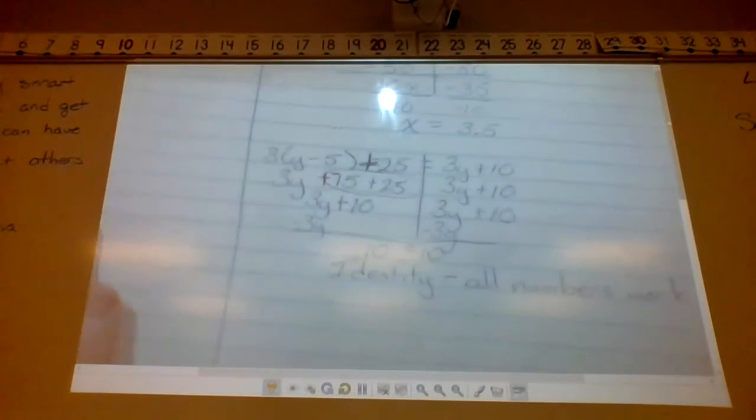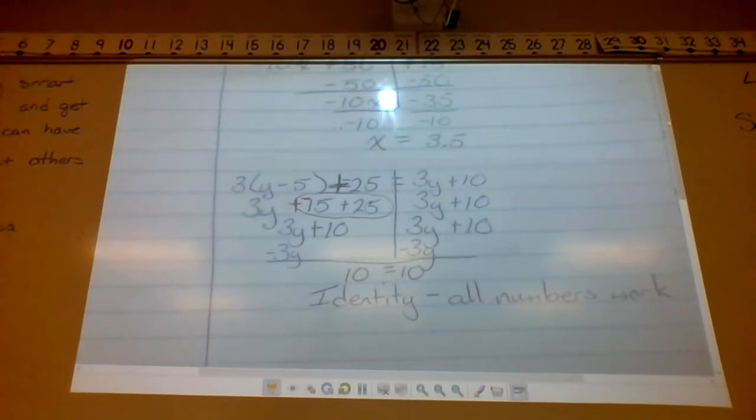This is an identity. The solution is identity. All numbers work. I don't care what number, if it's a whole number, an integer, a fraction, or a decimal. You pick any number for x, it is always going to work.